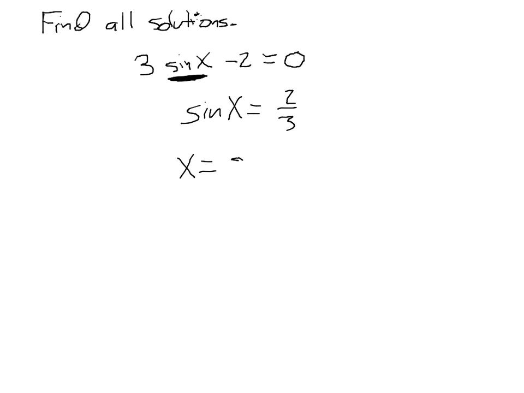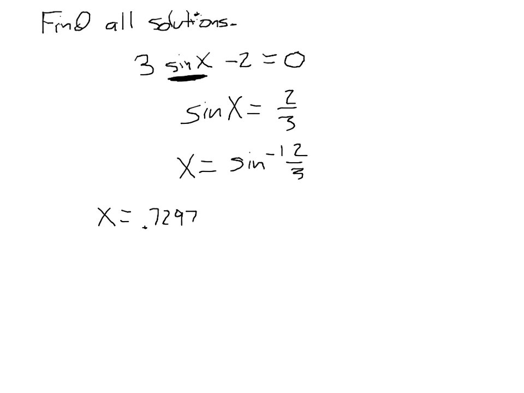And so that's what we're going to do here, use our inverse trig function on 2/3 to find out what angle gets us there, and we want to work in radians. And so when we do this, we find that x is equal to 0.7297.